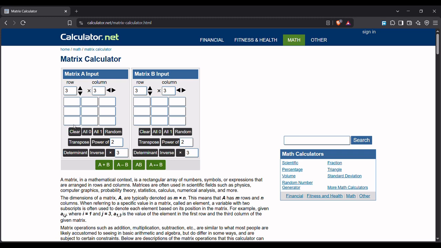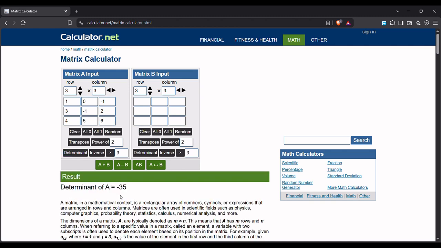In our original case, we had the matrix 1, 0, 2, 3, minus 1, 2, 4, 5, and 6. Sorry, this was minus 2. So if we take the determinant of this, we get minus 54.